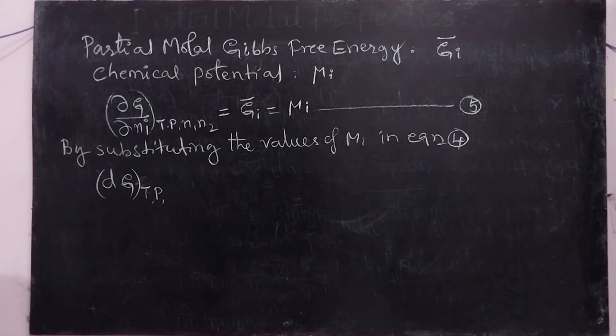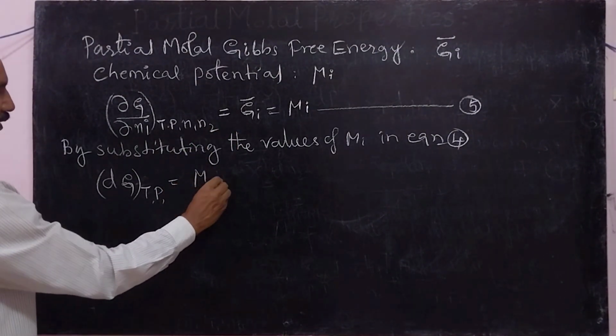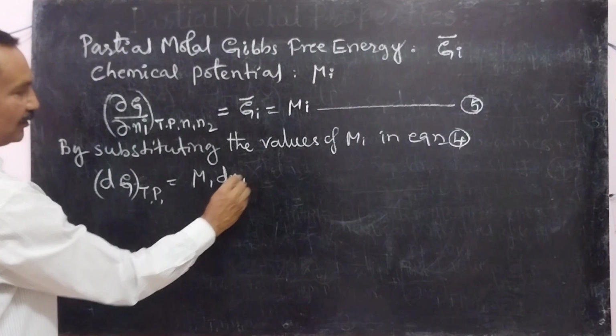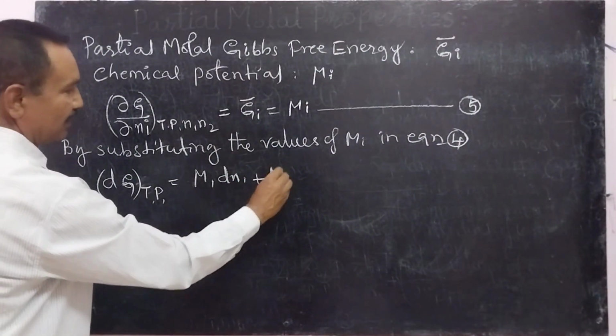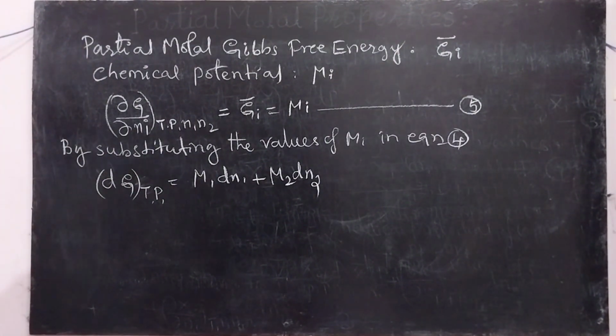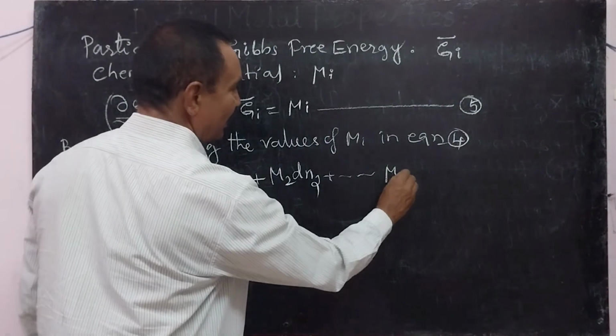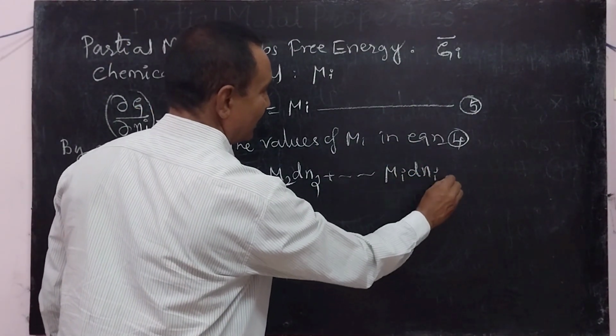This is equal to mu 1 dn1 plus mu 2 dn2 and so on up to mu i dni.